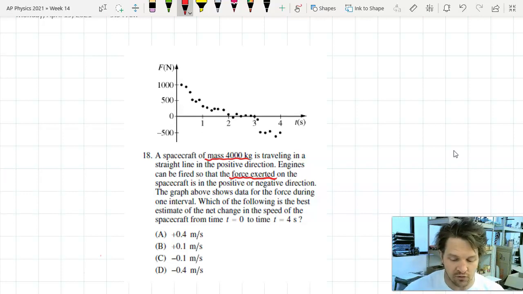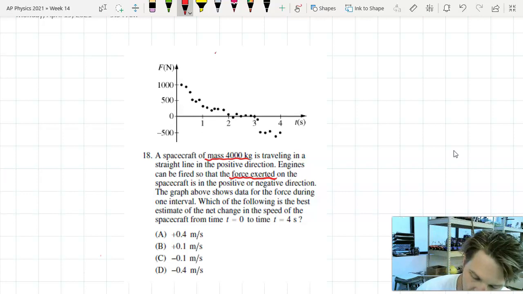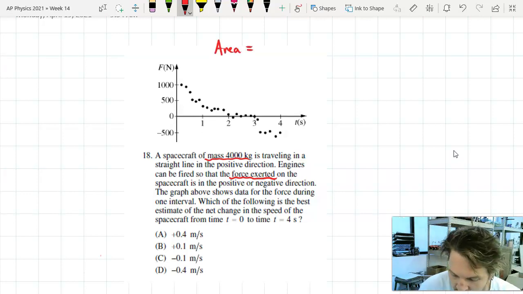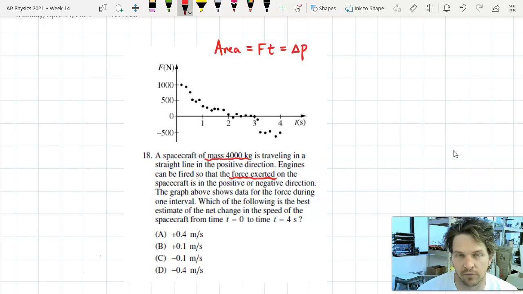So first thing we need to do, you see a graph, let's do a quick analysis and be like, all right, what does the area give me? Well, the area gives me the y-axis times the x-axis, right? So that's going to be force times time. And force times time, that is the impulse. That is the change in momentum, okay?